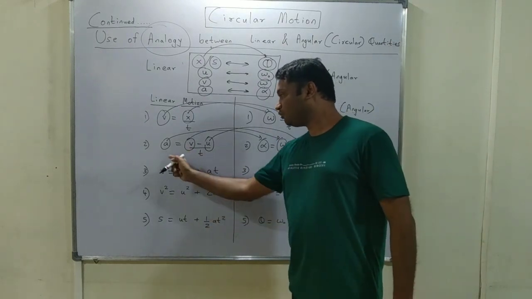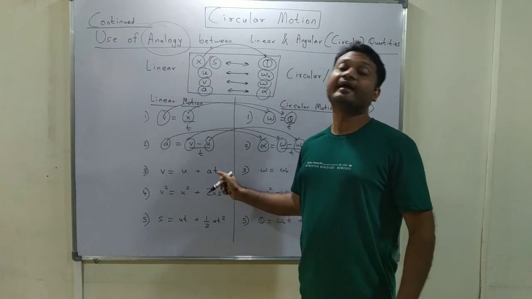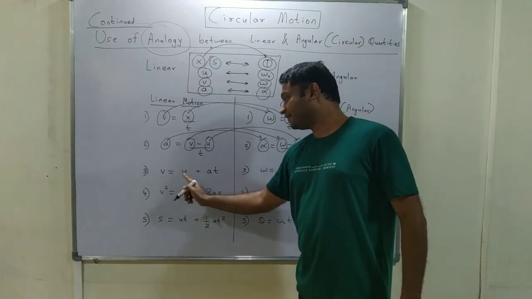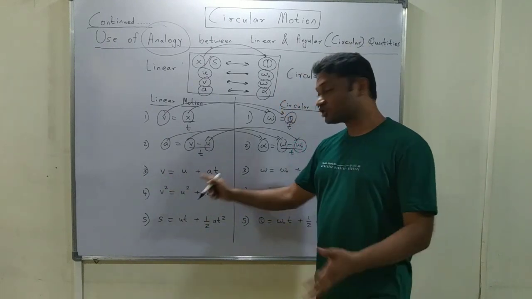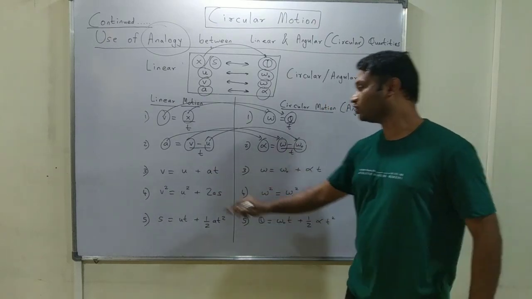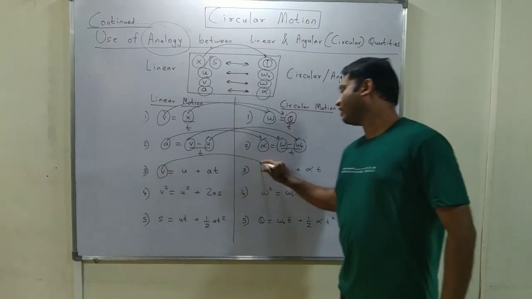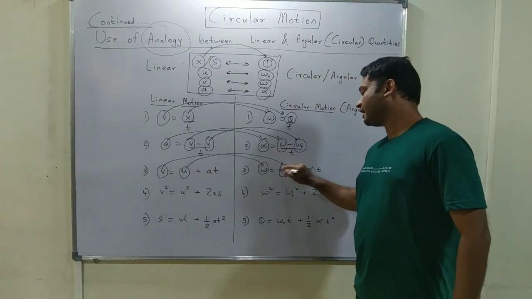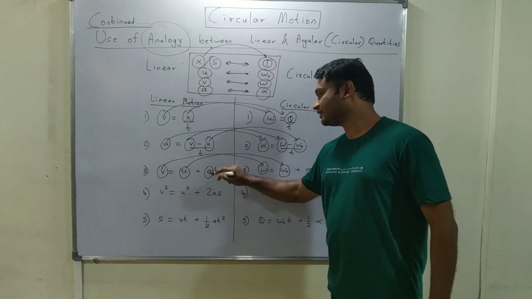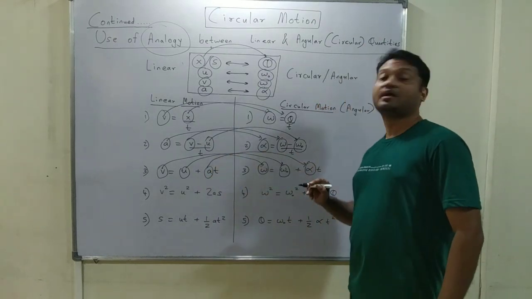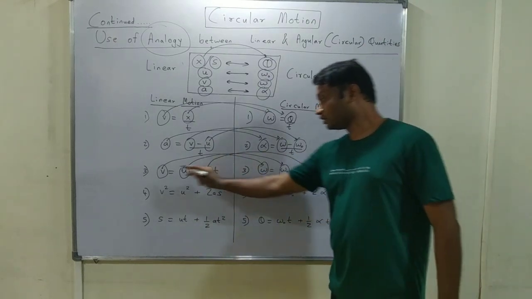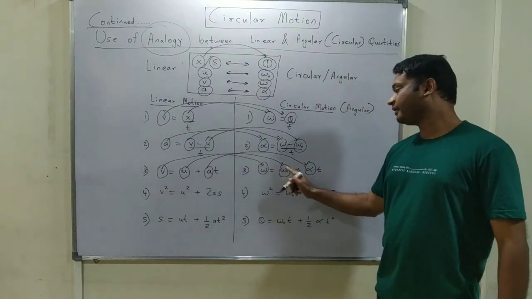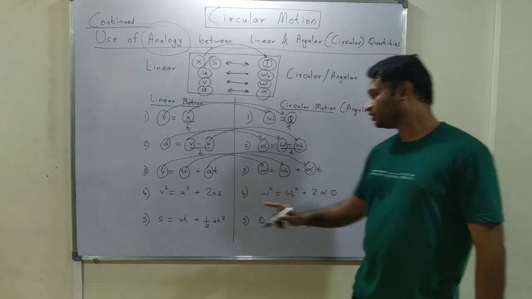Similarly, इसको अगर हम लोग क्रॉस मल्टीप्लाई करके रीअरेंज करेंगे, we get our first kinematic equation v is equal to u plus at, which in circular motion transforms to v के बदले final angular velocity, u के बदले initial angular velocity, acceleration के बदले initial angular acceleration. So v is equal to u plus at becomes omega is omega naught plus alpha t.